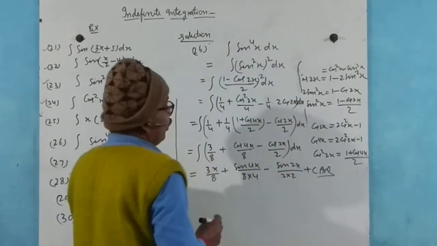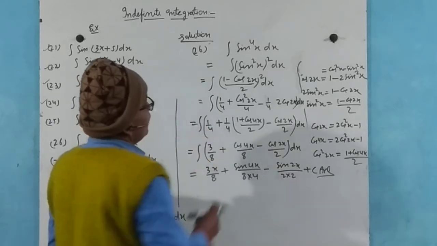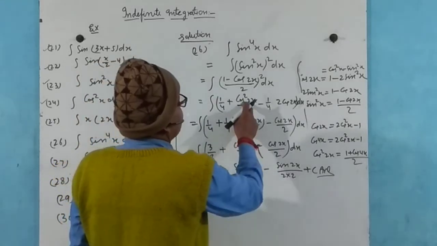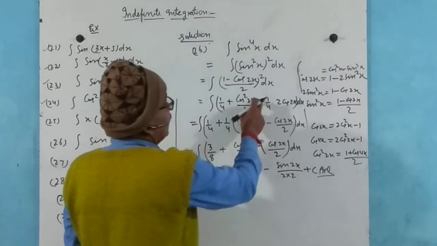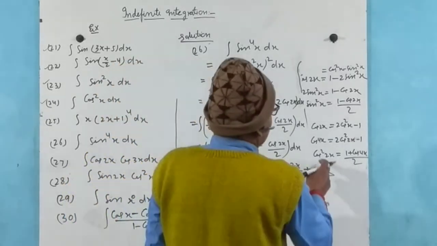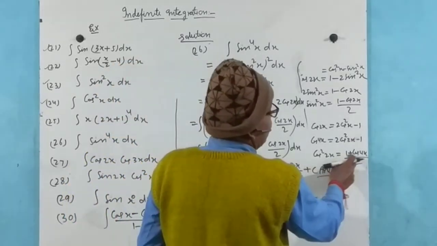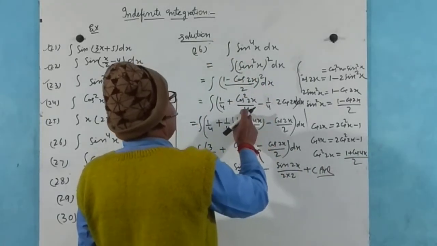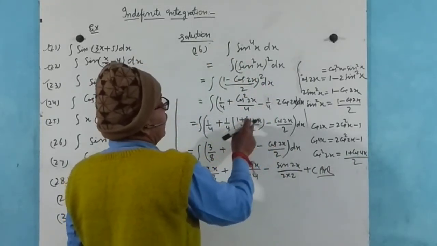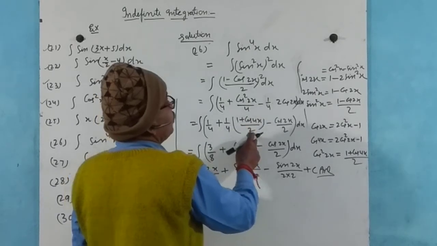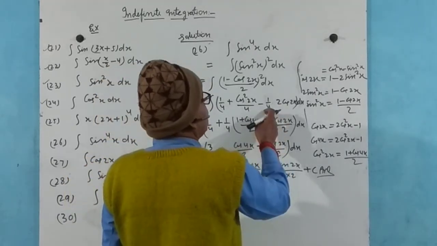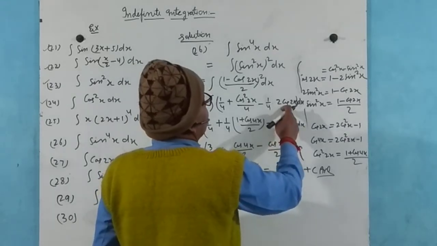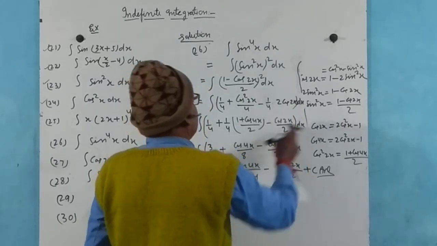dx. Now in this case 1 by 4 here plus cos square 2x, this can also be written as cos square 2x equal to (1 plus cos 4x) by 2, so that this comes here, and (1 plus cos 4x) by 2 here, and 2 cancel, 1 by 2 here, and this is cos 2x dx.